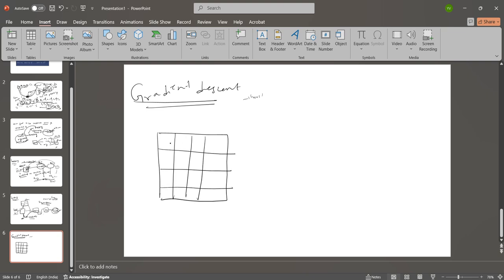These are all input features: X1, X2, X3, X4. We have a Y column. You know Y column, right? Y means output column. These are all inputs. This is output, this is the Y column.